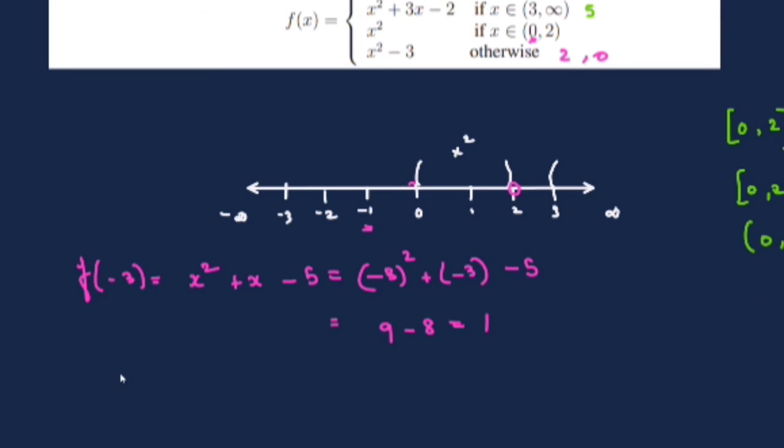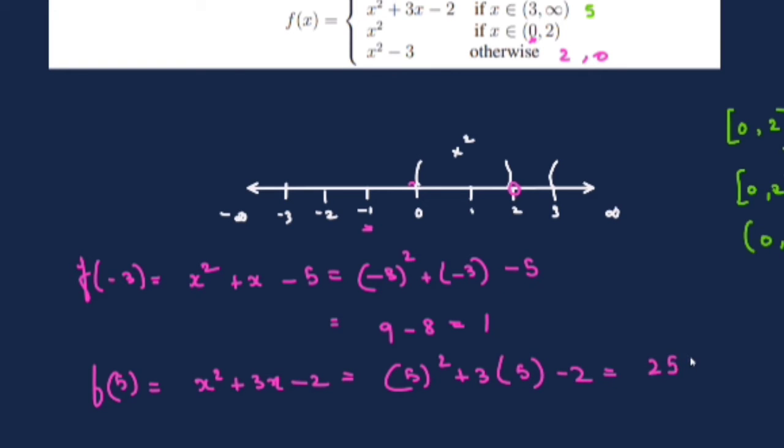So next is f of 5. Which one will we write for f of 5? F of 5 is x square plus 3x minus 2. That means 5 square plus 3 into 5 minus 2. That means 25 plus 15 minus 2.